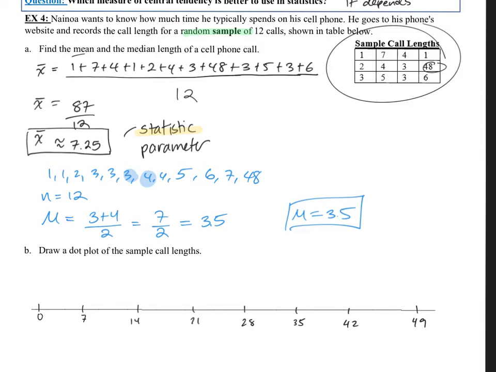So 1 appears twice, which is about here. 2 appears once, about there. This is just a rough graph. 3 appears 3 times. 4 appears twice. 5 appears once. 6 appears once. 7 appears once.